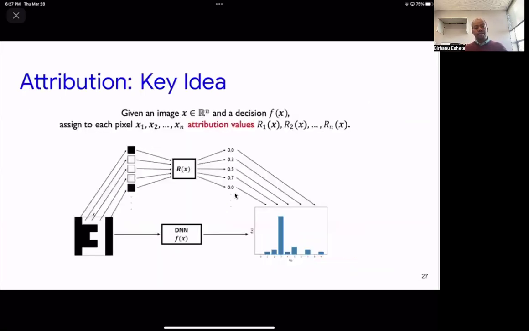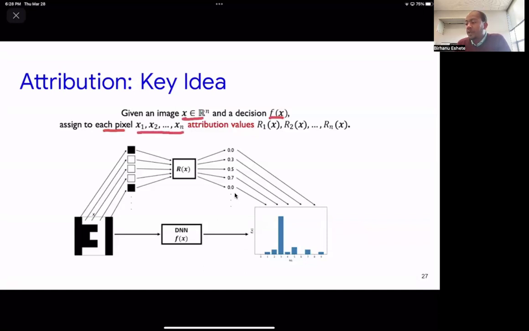The other widely used approach is what we call attribution. So attribution is going to work as follows. The key idea behind attribution is you're given an input, let's say an image that comes from some domain, and a decision function, let's say a classifier, right? And the goal is to assign each pixel, in general each feature, we're saying pixel because we're talking about images here, so we have, let's say, n features or n pixels, x1 to xn.